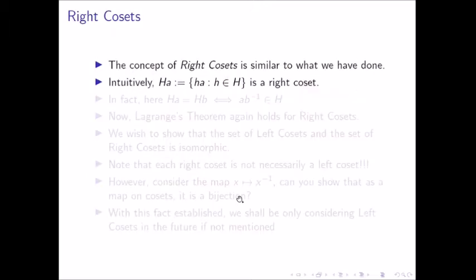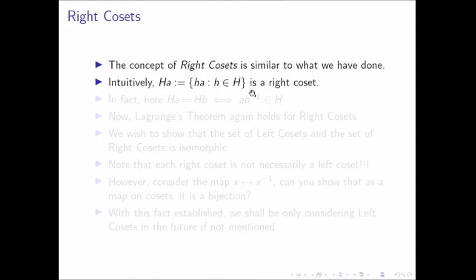Now, till now we had been dealing with left cosets, that is, the element on the left side of the subgroup. What about right cosets, or the element on the right side of the subgroup? Intuitively, it's elements on the right side of the elements of the subgroup. So Ha is equal to {ha : h is an element of capital H}.